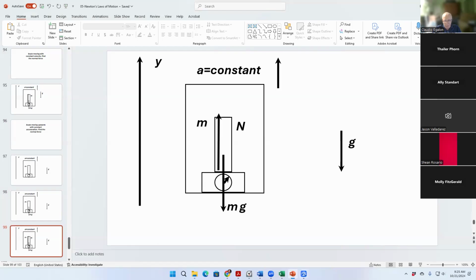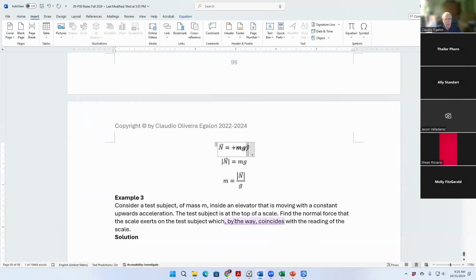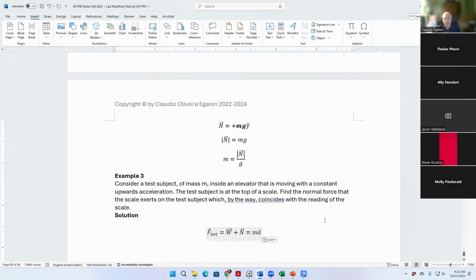So going back to our notes, net force. Weight plus normal, there are only two forces there. And on the right side I have the mass times acceleration.